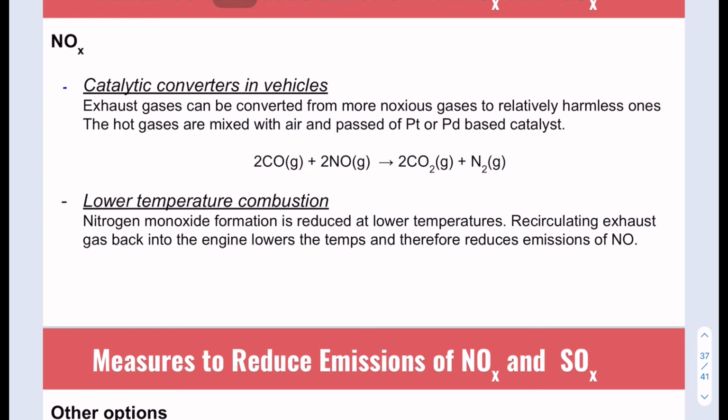So one of the ways that nitrogen oxide is formed is in the combustion of fuel in the engine, in the automotive engine. Okay, so in this form, cars from a certain year have to have catalytic converters.